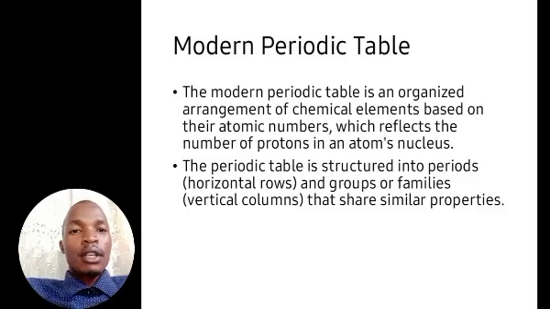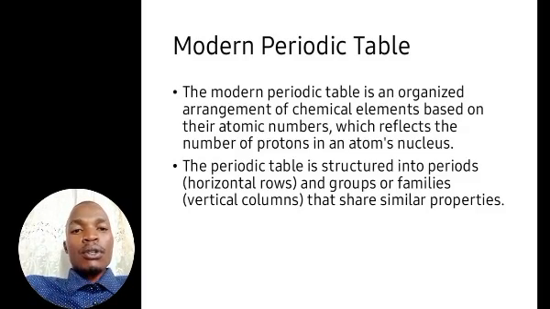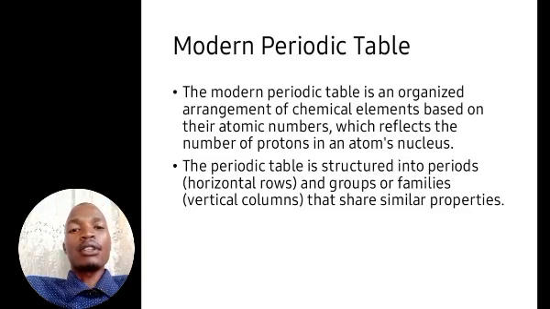Now, the periodic table is structured into periods, as I am going to show you in the next slide, that is horizontal rows. Periods are placed horizontally, and groups or families are placed vertically or in columns.